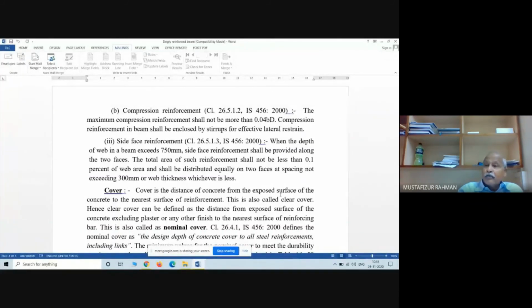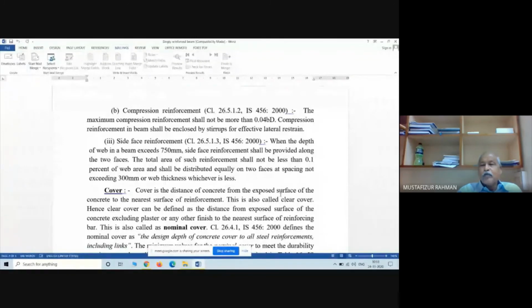The amount of reinforcement in the compression zone also may be more than this, but in that case we have to restrict it here. That means in no case, whether it is tension reinforcement or compression reinforcement, the maximum amount of steel cannot be more than 4% of the gross section. Very simple. Now come.